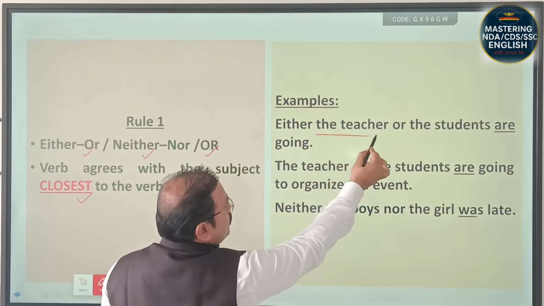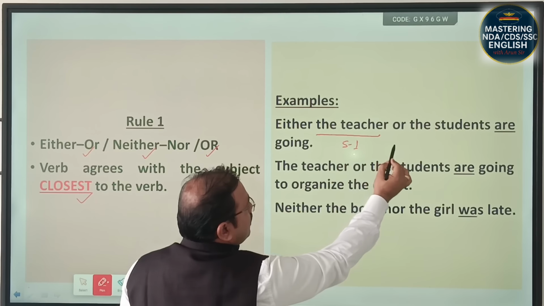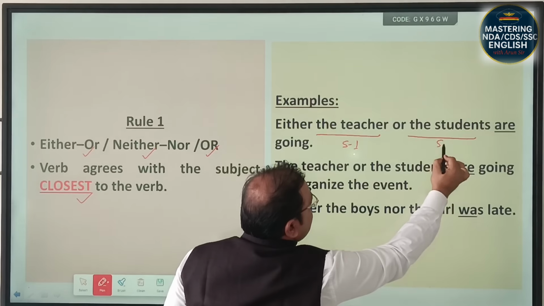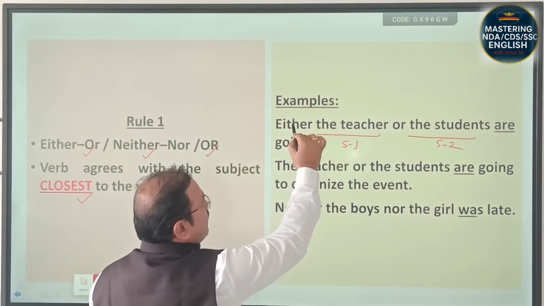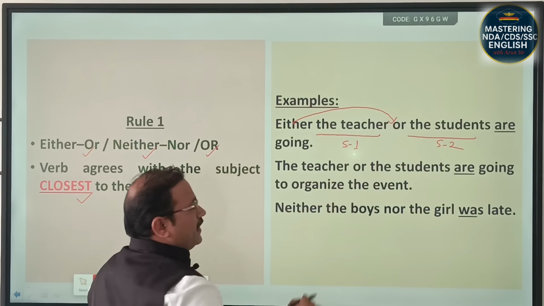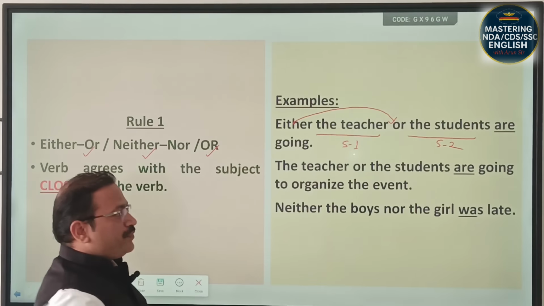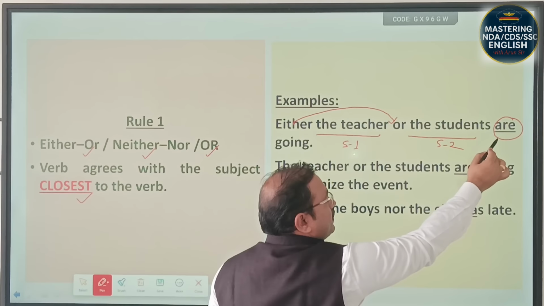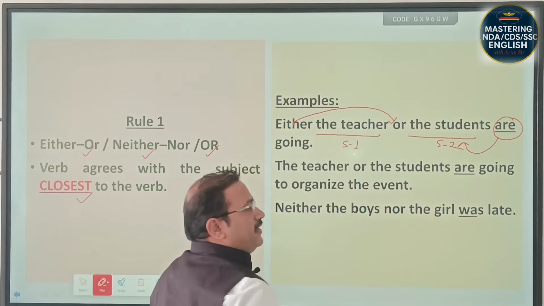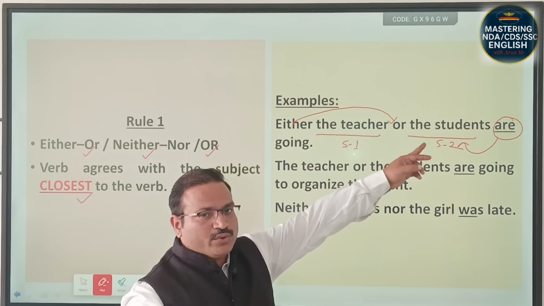Now, the teacher is subject 1, the students is subject 2. Both are joined by either or. Then, according to the rule, the verb will agree with the subject nearest to it, closest to it.